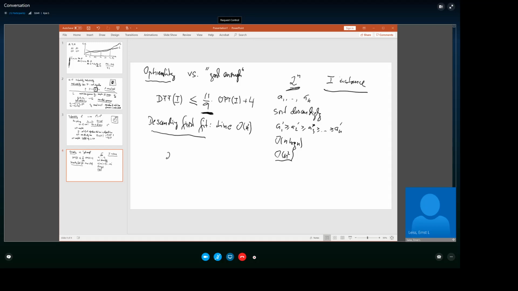This says this is 22% more. So if you're willing to accept that the number of bins that you ultimately end up with is no more than 22% more than optimal, then you can actually do that in time that is perfectly acceptable even for very large numbers of n.